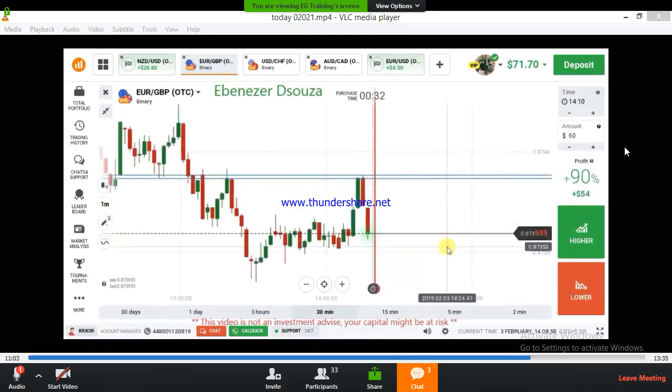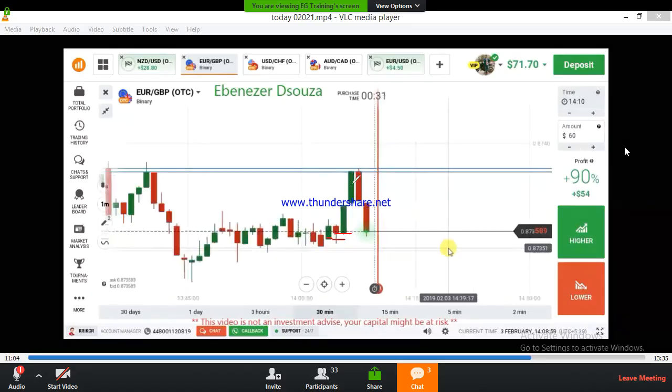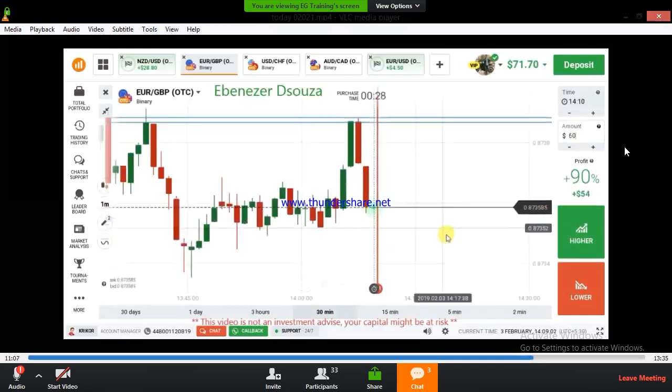And this is a buyer's area. We are seeing buyer's entries from this level. The candle closing point is at the buyer's area, and there are rejections. The rejections showing us the buyer's entry in the market, and the trend is also an uptrend. And this is a strong level. If we get any confirmation on the next candle, we can place our trade.